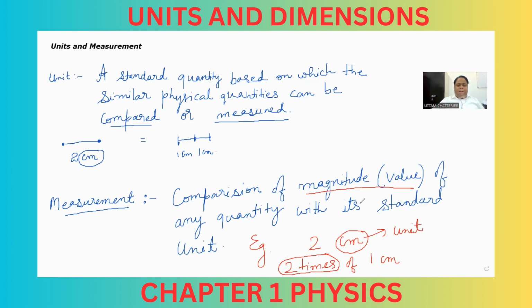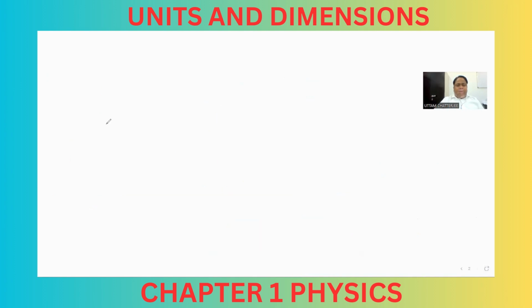So there can be various physical quantities and each of the physical quantities will have different units. So there are certain fundamental physical quantities and there are a few derived physical quantities. We will see a few fundamental physical quantities.